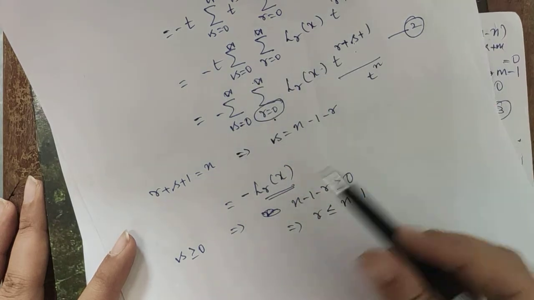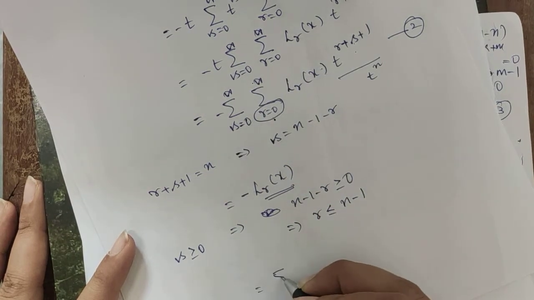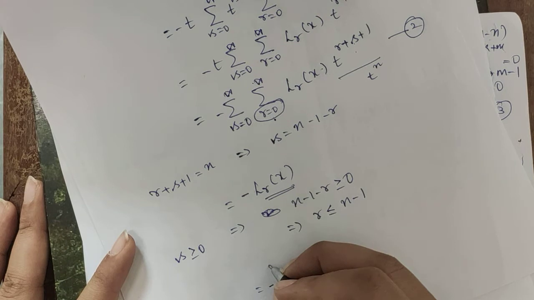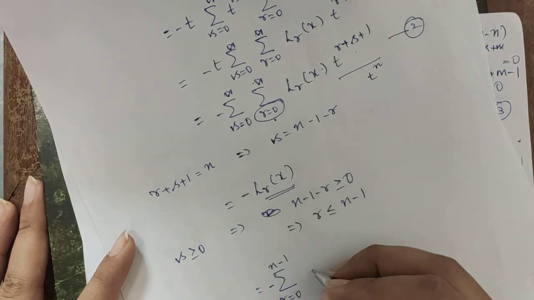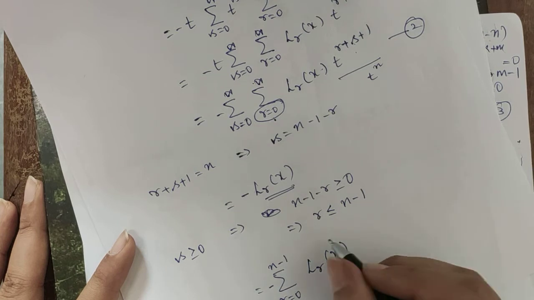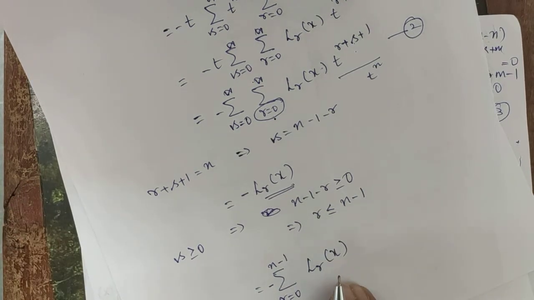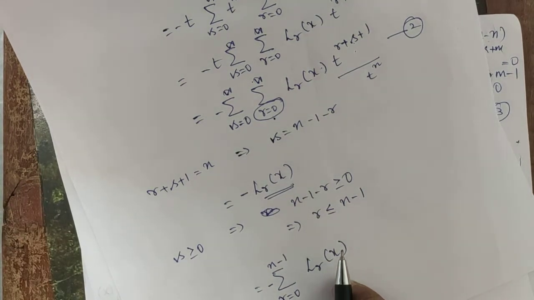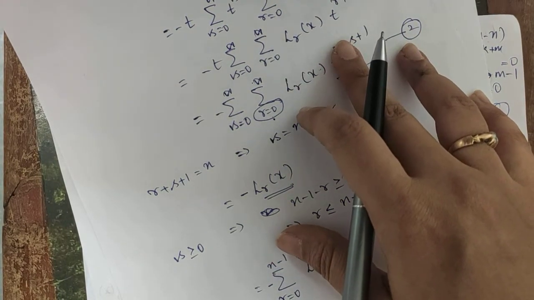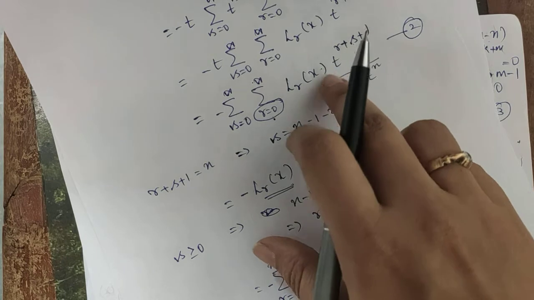So again now we have to consider the coefficient of t^n on the RHS of equation 2. That means this will become summation, minus as it is, r equals 0 to n − 1 of Lr(x). This is nothing but the coefficient of t^n on the RHS of equation 2, right?